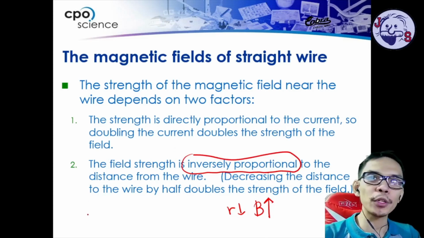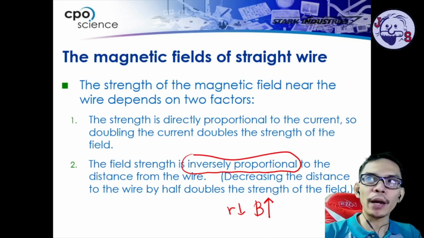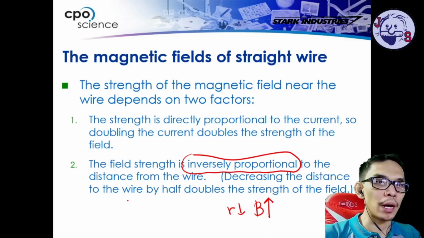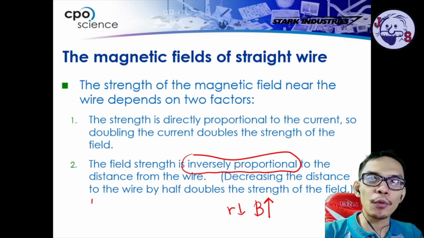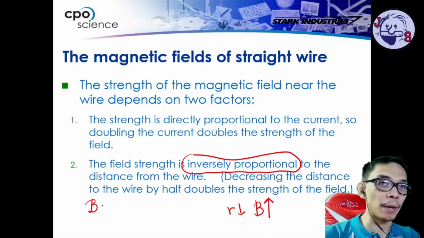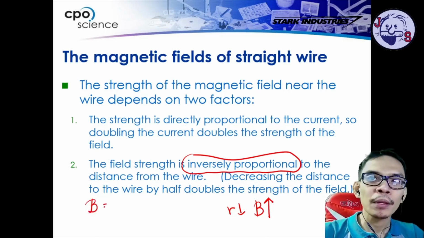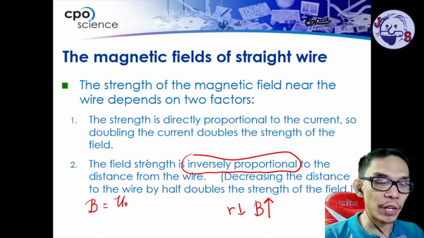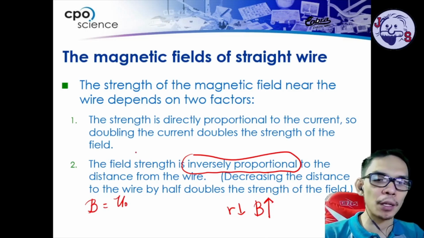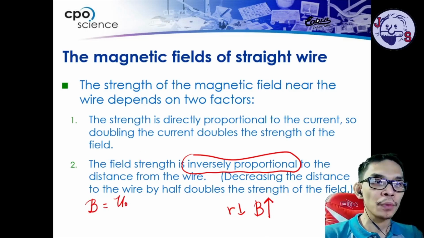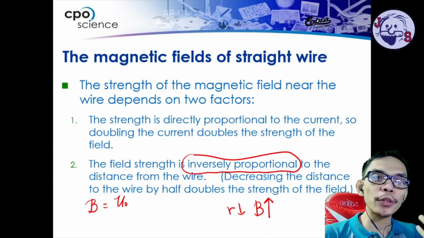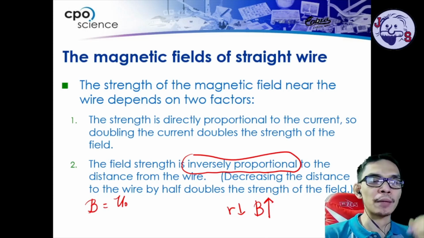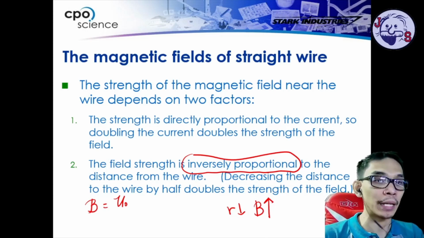More so, if we put this into a certain formula, we have the magnetic field represented by beta or B, and we have mu O, which is the permeability of free space. So what is this permeability of free space? This is the property of the object to accommodate such fields, like the one that we have right here called magnetic field.